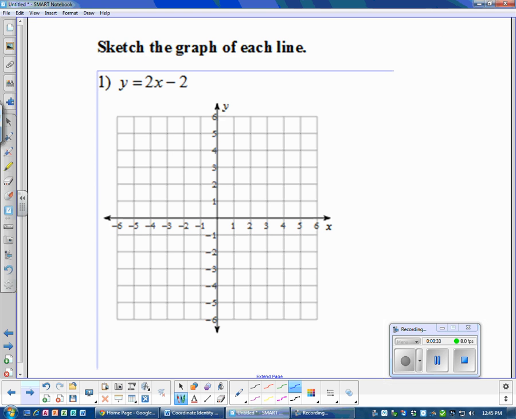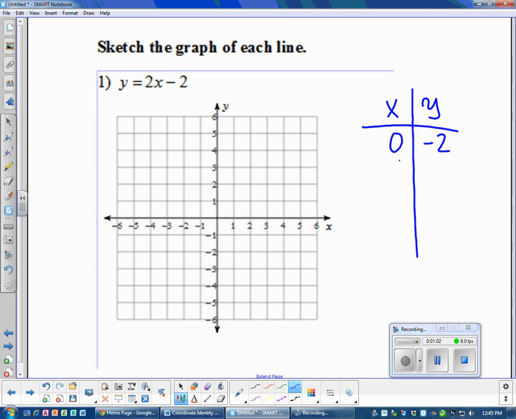I will model and sample number 1 for you, which is sketch the graph of each line. So I'll do number 1 and you're responsible for 2, 3, and 4. Here I just automatically set up a table for my X and my Y. I'm going to start off with 0 for X. So if I put 0 in for X, Y is negative 2.